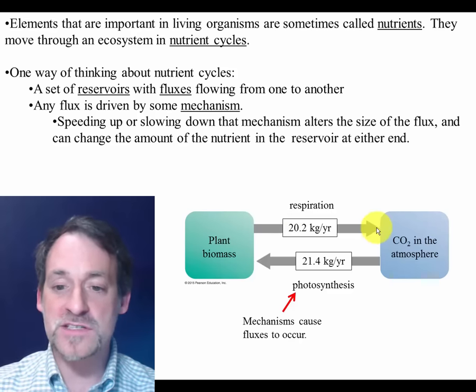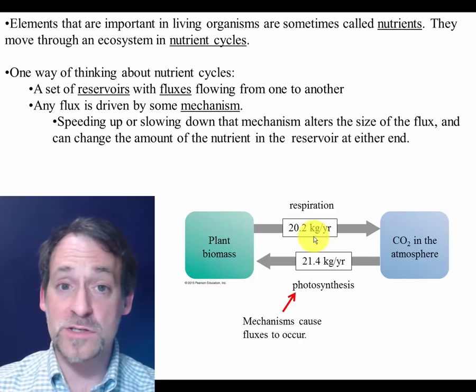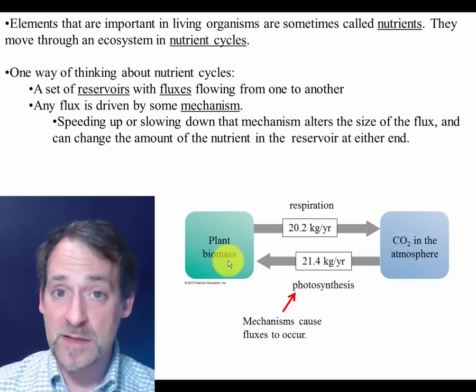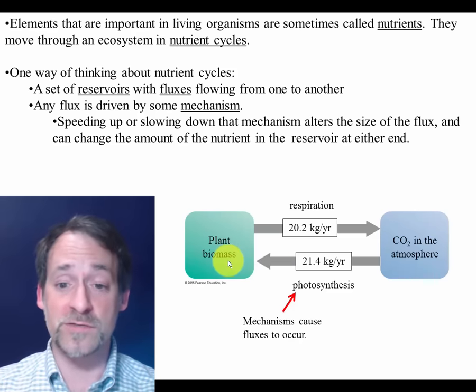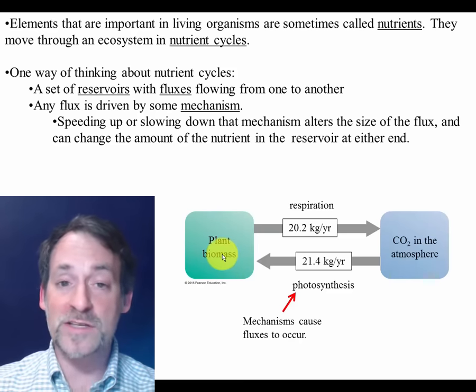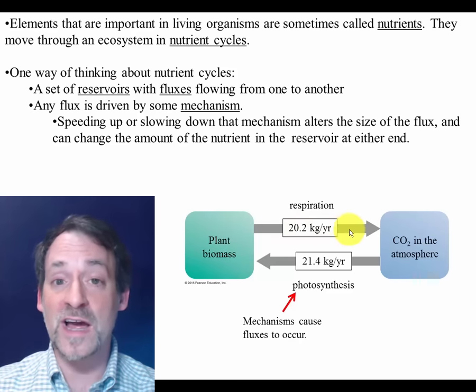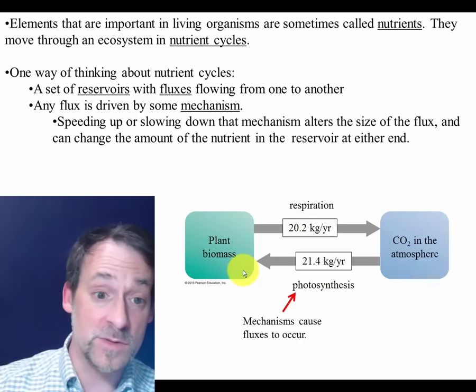And so this flux out of plant biomass is going to be larger than the flux of carbon atoms coming in. If this goes on for a long period of time, plant biomass will actually start to get smaller because carbon atoms are moving out of that biomass faster than they're being replenished.